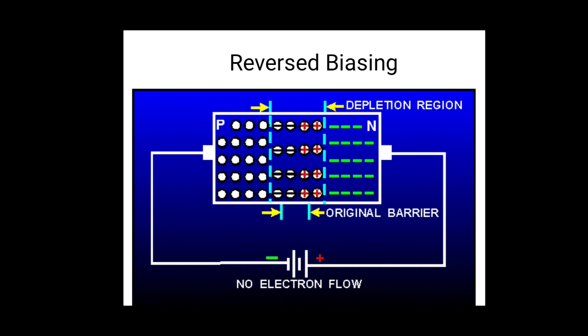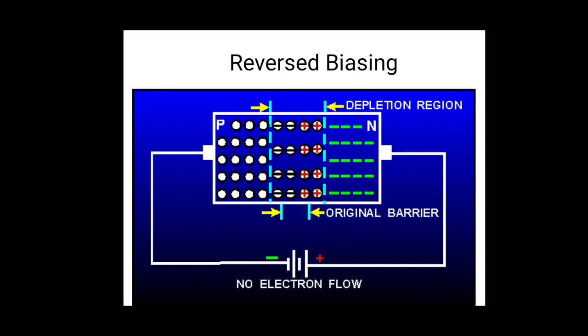The holes in the p type are attracted towards the battery, and the electrons in the n type are also attracted towards the battery. So this depletion region gets widest, and conduction of current will not take place because the width of the depletion region increases.